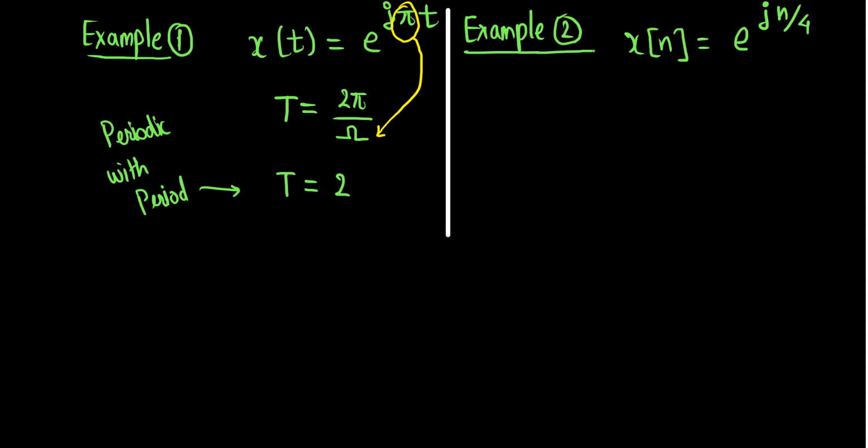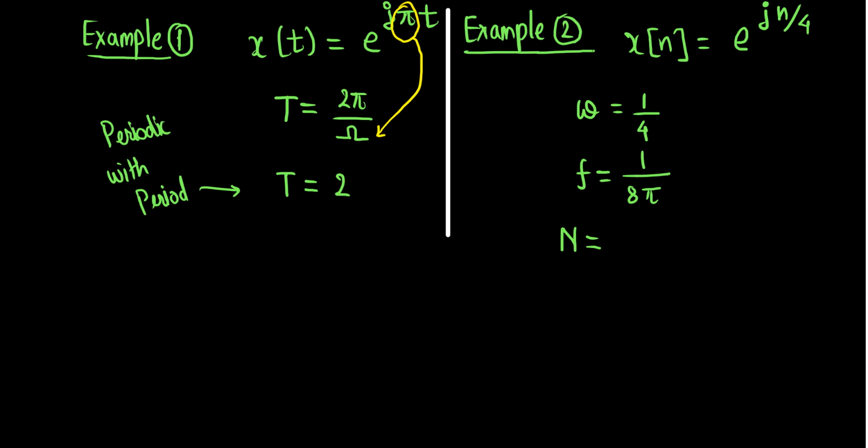Here the small omega is 1 by 4. Due to this, the small f is going to be 1 upon 8 pi, which is an irrational number, and hence capital N is not going to be a ratio of two integers.